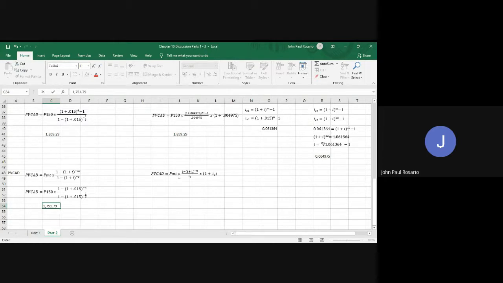While on my way of solving things, let's check if we can arrive at the same answer. This is now 1 less, and then this is negative 12. So that's 150, and then we transfer the 1 minus here, and then we raise this to negative 12.